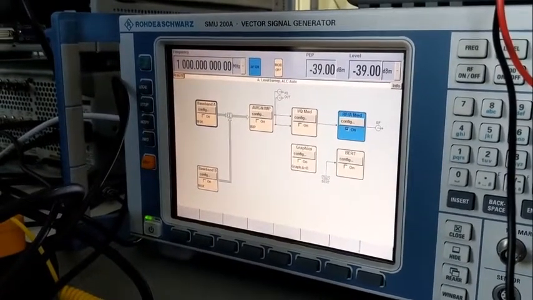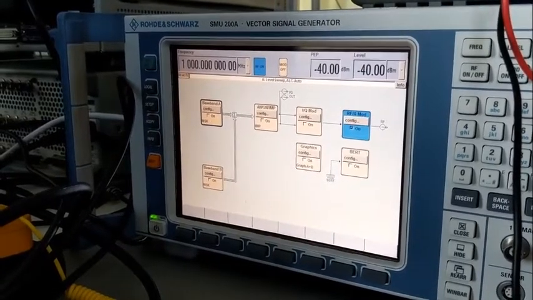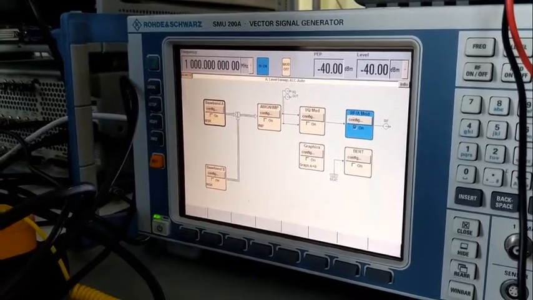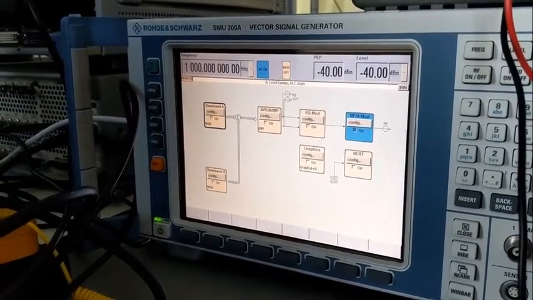Since the range for the power sweep was -40 dBm, once the signal generator reaches the -40 dBm value, the RF supply will be turned off automatically.